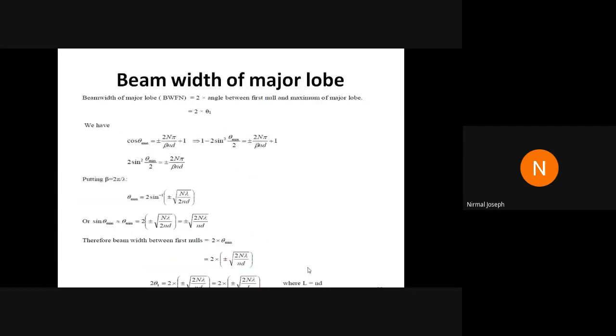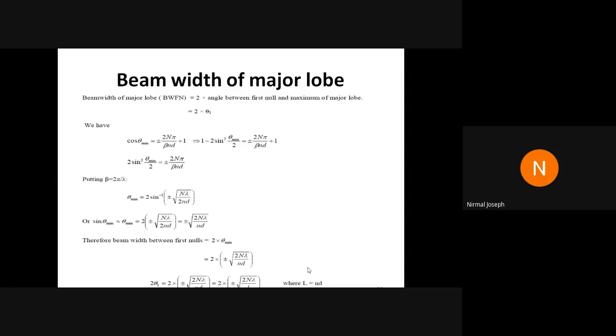Next, we want to find out the beam width of major lobe. Same procedure we have to follow. Beam width of major lobe, or BWFN, is equal to 2 into the angle between first null and maximum of major lobe. Okay, so cos theta minimum we are finding out from the general expression, plus or minus 2n pi divided by beta nd plus 1.